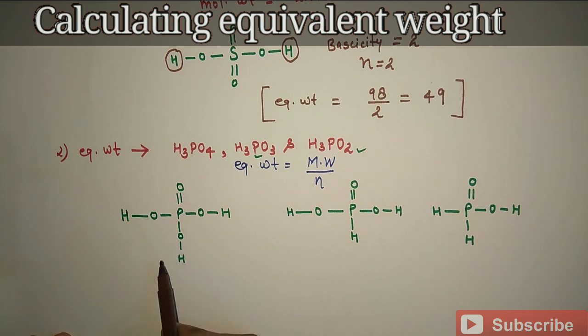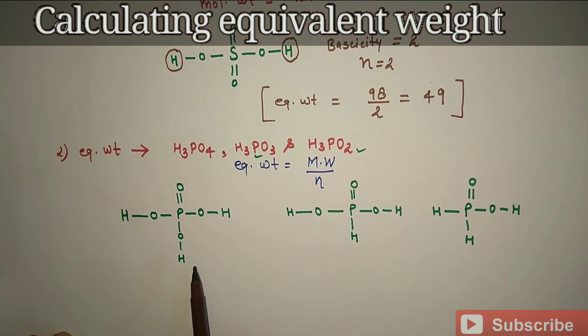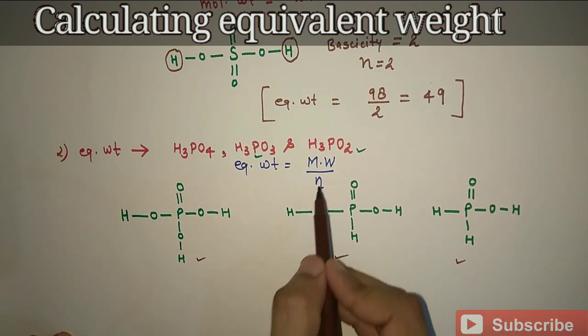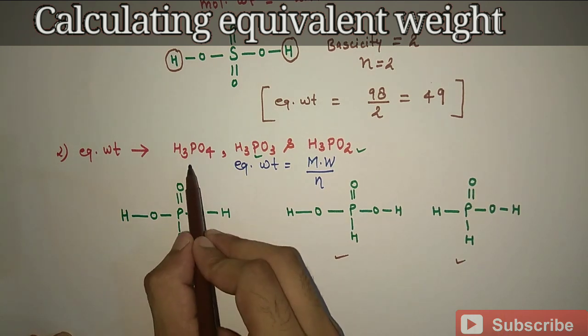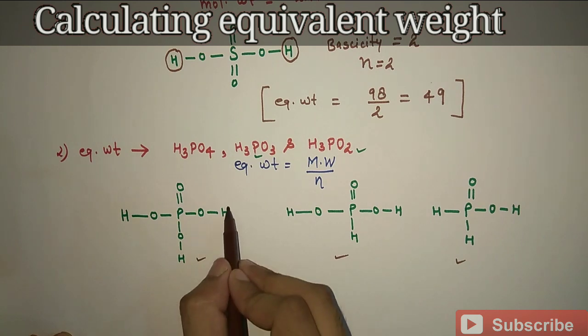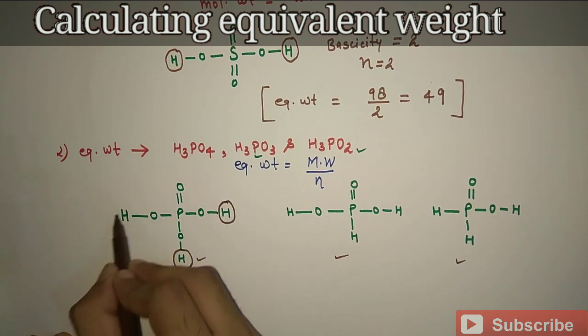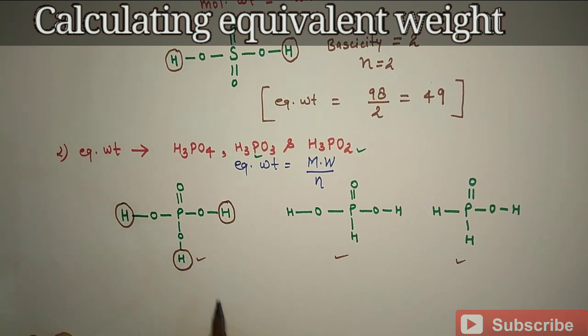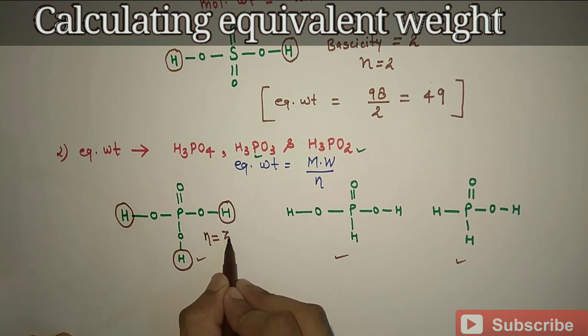So the structures of H3PO4, H3PO3 and H3PO2 are these. We have to find out the basicity of all these. Let's see H3PO4. In this case there are a total of 3 H plus ions which are replaceable. So its basicity, that is equivalence factor, will become 3.